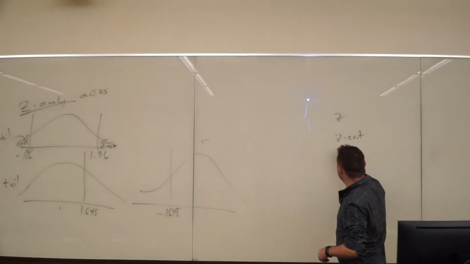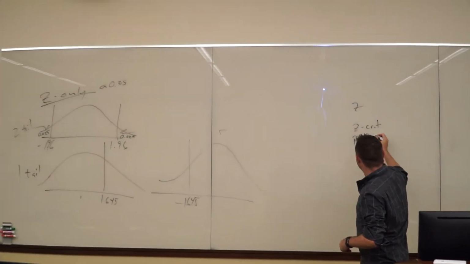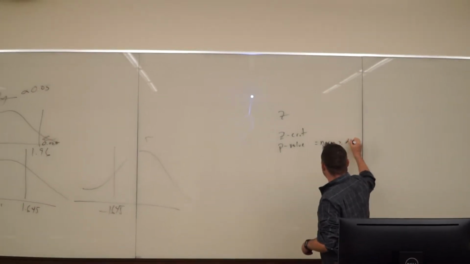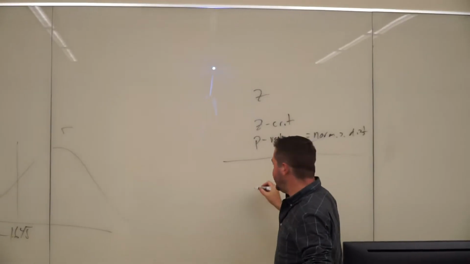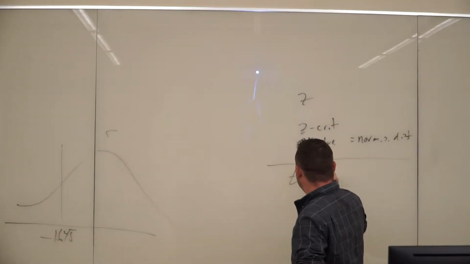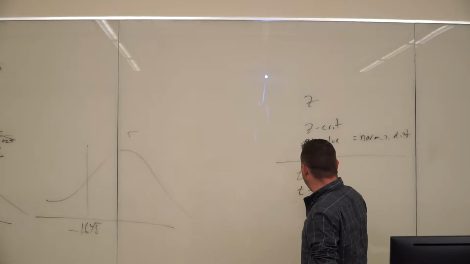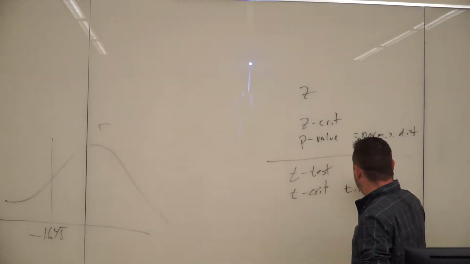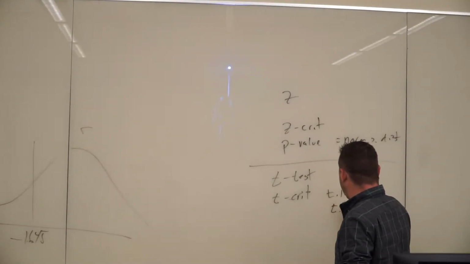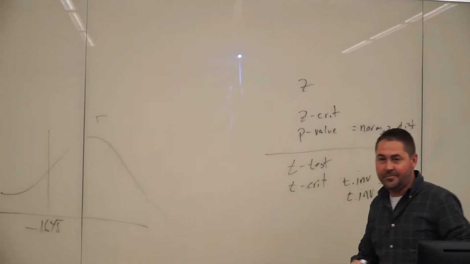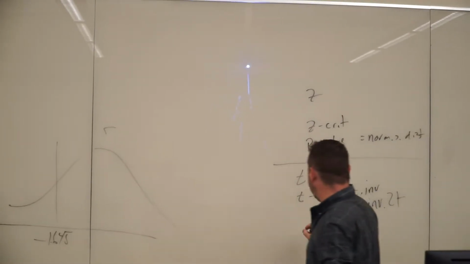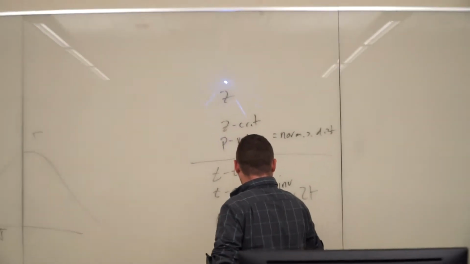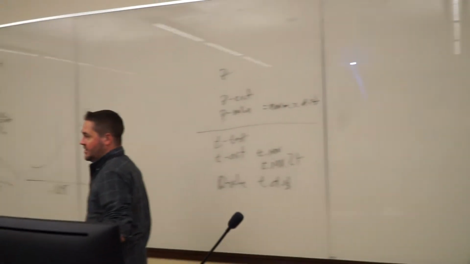And how do I get my p-value for Z? P-value equals NORM.S.DIST. Second flashcard, when there's T, to get the T critical value, you do T.INV or T.INV.2T. To get the p-value for T, T.DIST or T.DIST.2T.